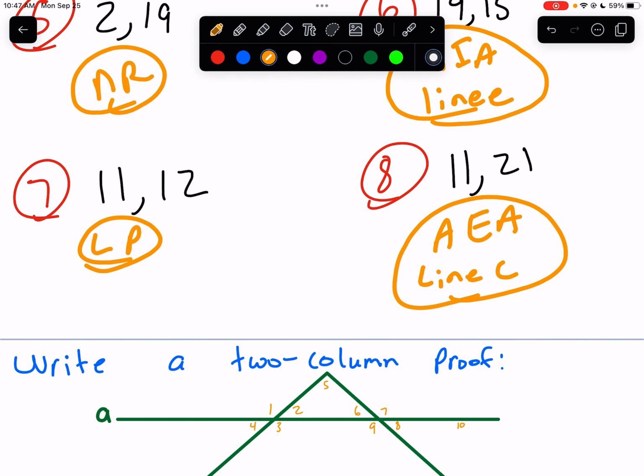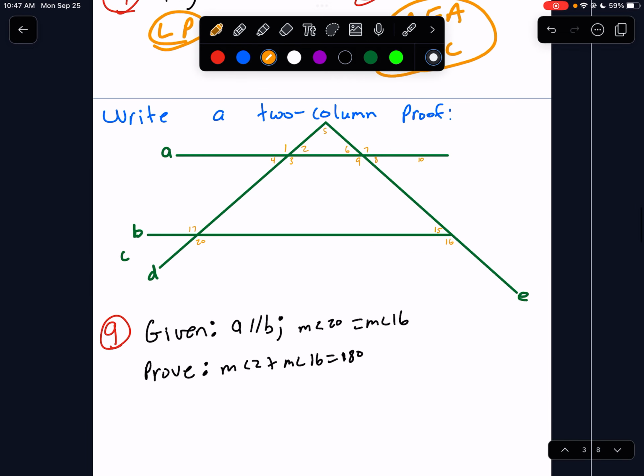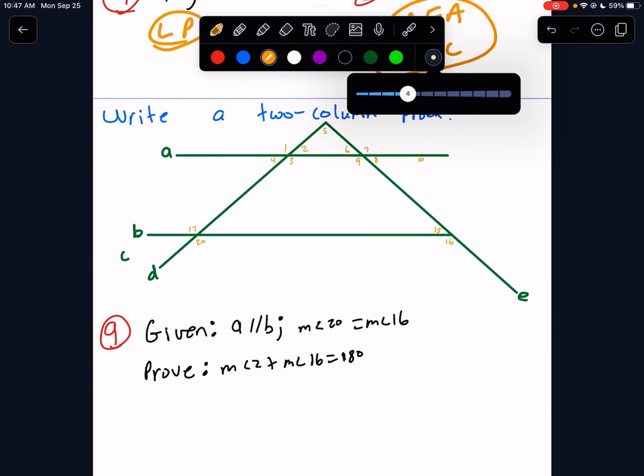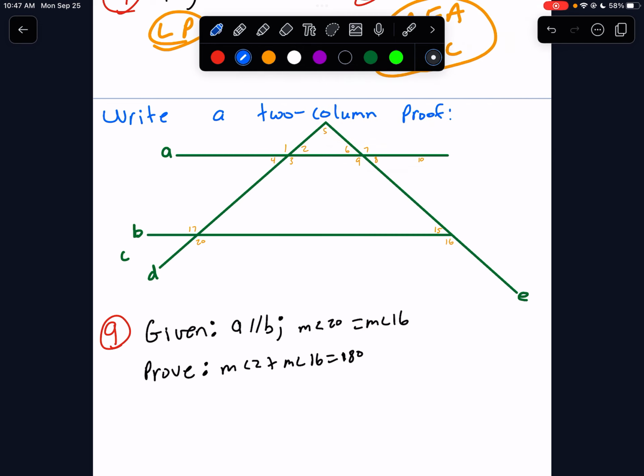All right, moving along. Write a 2-column proof. Oh boy. Oh boy, are we scared right now? Given A is parallel to B, there's nothing to do with that other than mark it up. So I'm going to label that in my picture here, that A is parallel to B. So it's these 2 lines that are parallel.